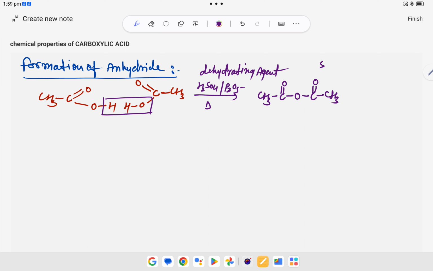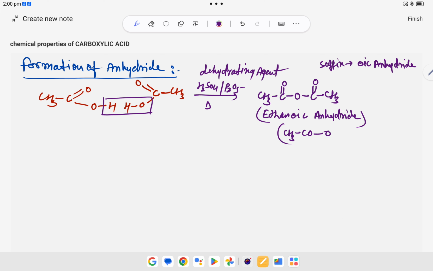So what suffix you have to use? Oic anhydride. So what is the name? Ethanoic anhydride. You can write it like this also, CH3CO. That is also the representation. So this is all about the formation of anhydride.